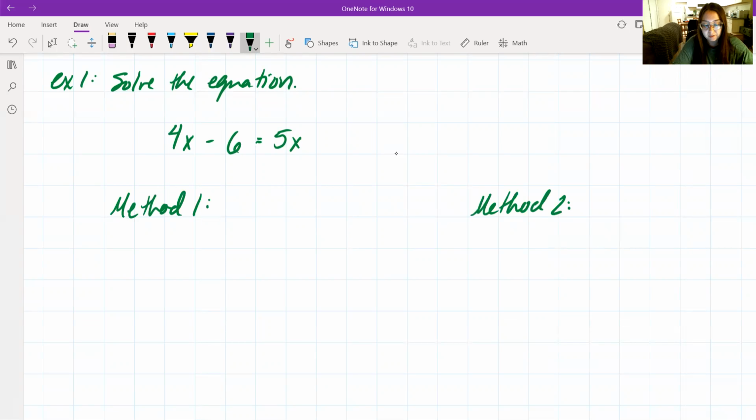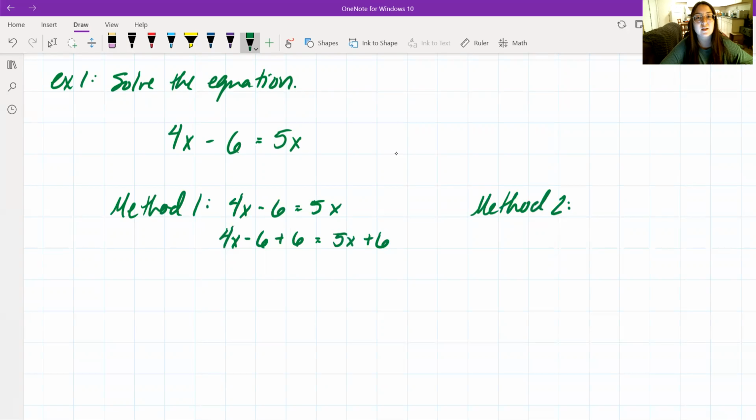Beginning with method 1, we're going to stick with our original equation, so we still have 4x minus 6 is equal to 5x. Now we are going to add 6 to both sides. We get 4x minus 6 plus 6 is equal to 5x plus 6.